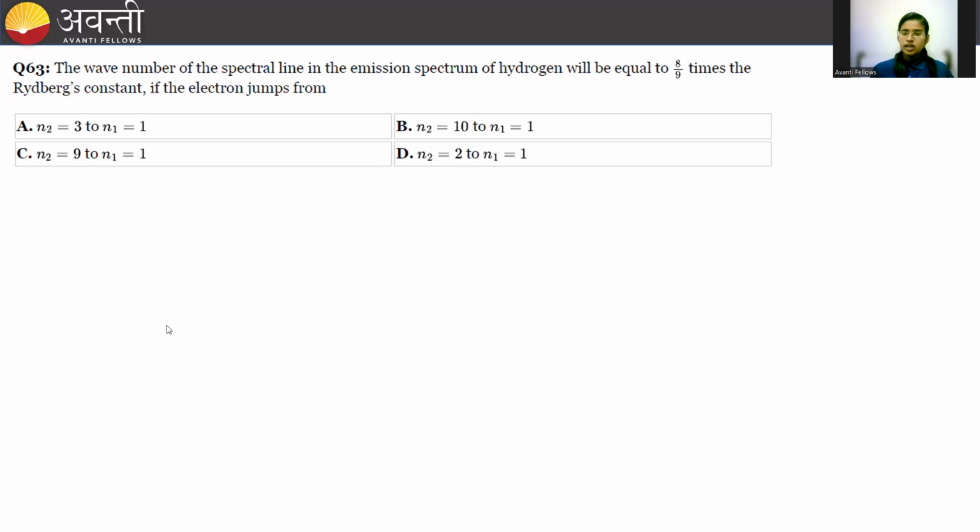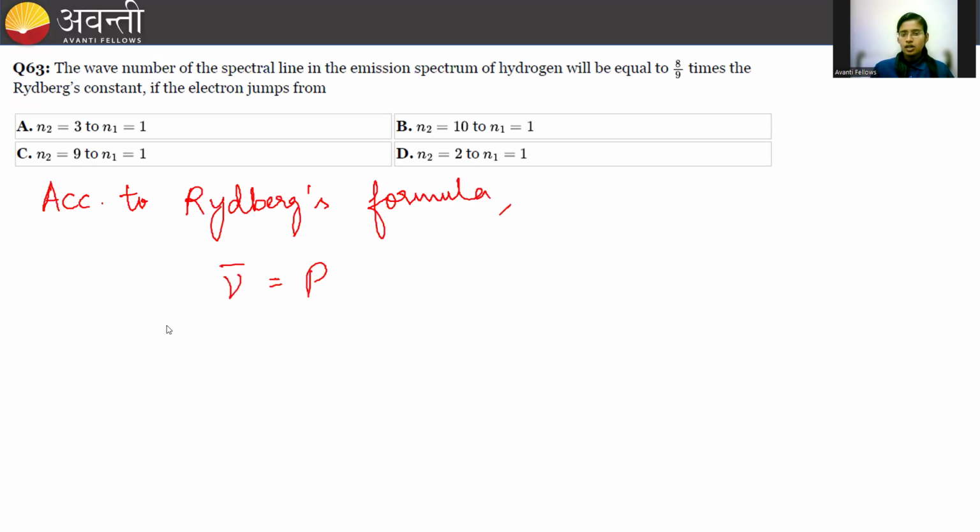According to Rydberg's formula, nu bar is equal to R into 1 by N1 square minus 1 by N2 square into Z square. R is the Rydberg constant, Z is the atomic number, and N1 and N2 are the initial and final values.